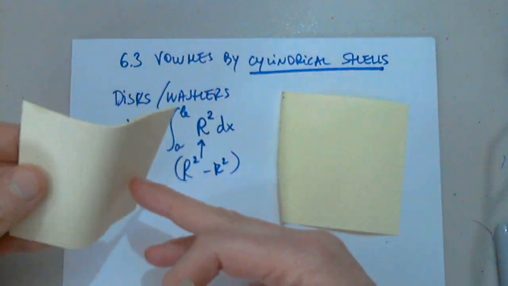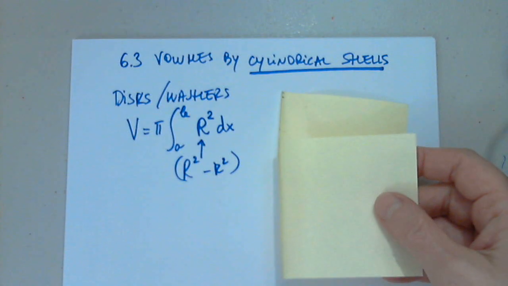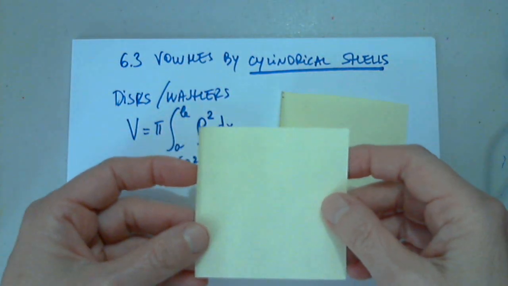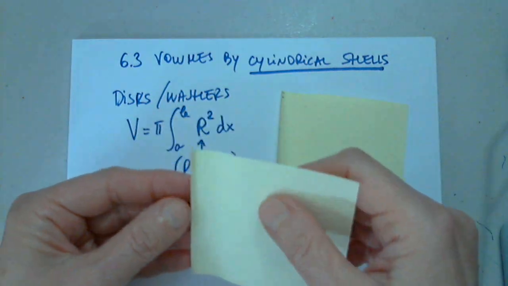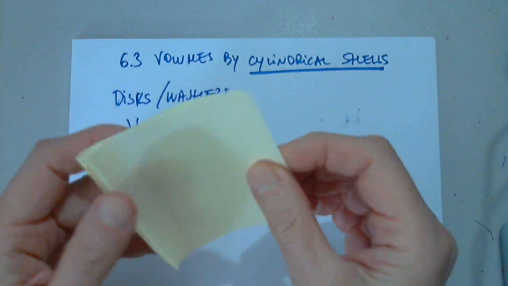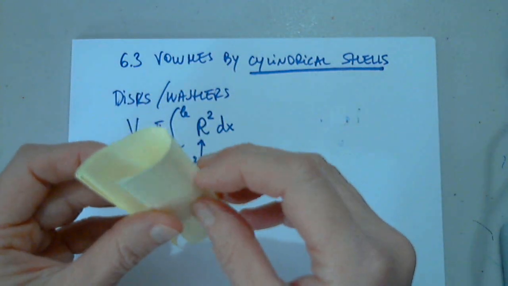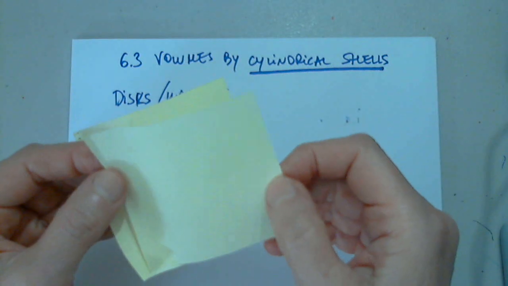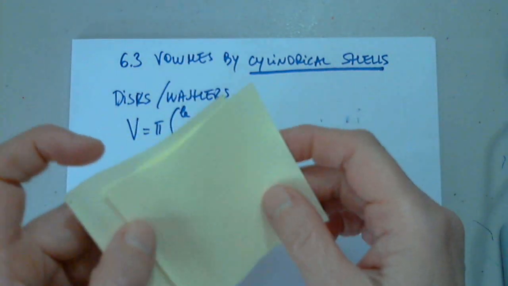Of course, in my example, these are identical in size, volume, everything. Well, of course they will not be, because the inner shell, after I peel the outermost one, will be smaller. Not by much, but definitely smaller.